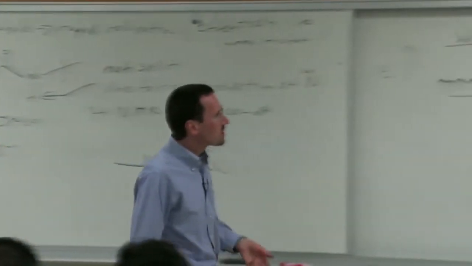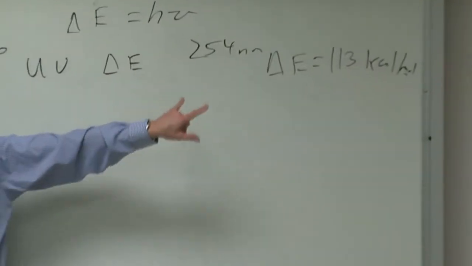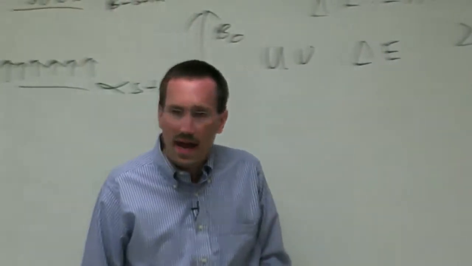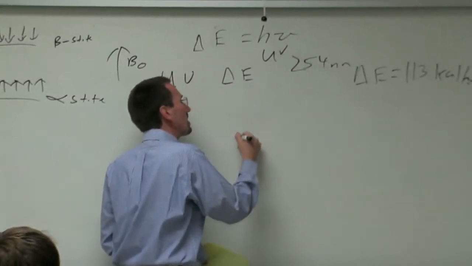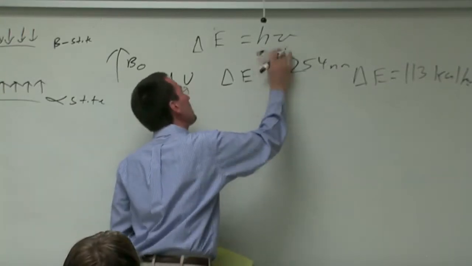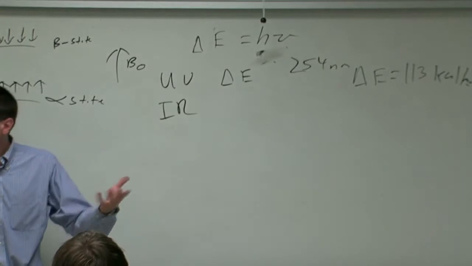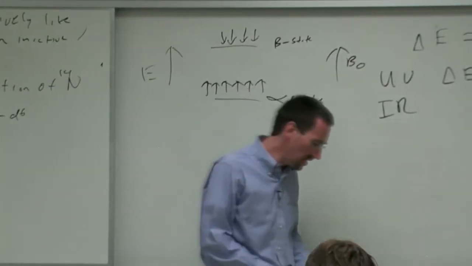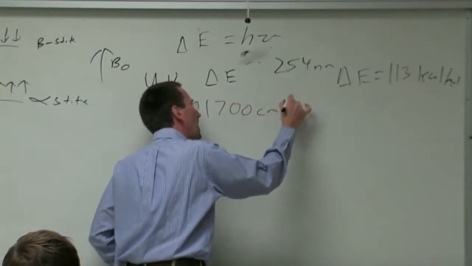In other words, the energy difference in the UV spectrum corresponds to the strength of bonds. And now if you think about IR, and I think about a typical stretch, well, we've been talking a lot about carbonyls. Carbonyls absorb at about 1,700 wave numbers.